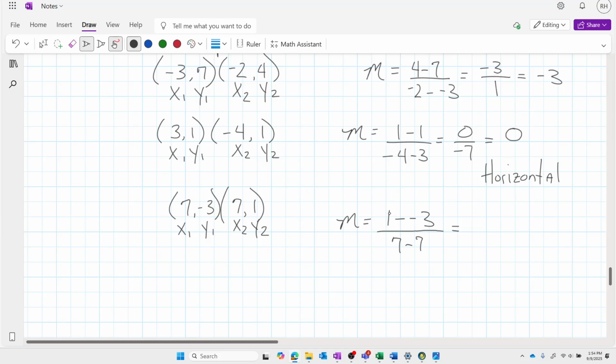And 1 minus negative 3 is 4 over 0. Undefined. 4 divided by 0 equals an error. So this is called undefined.